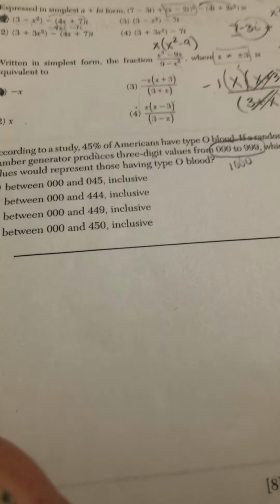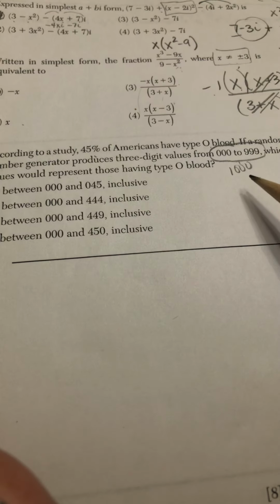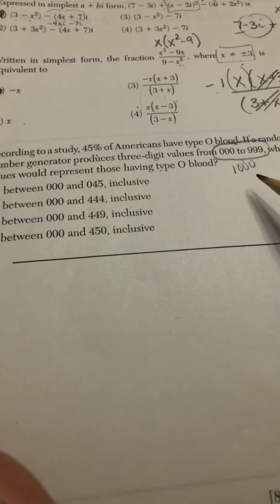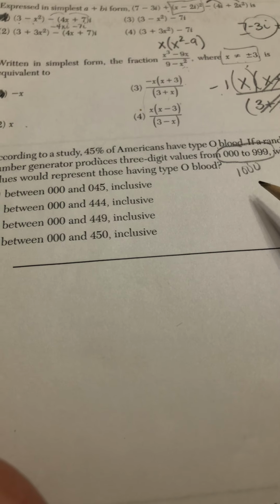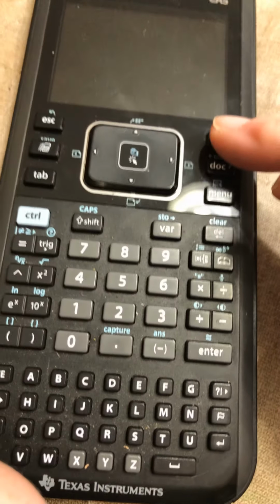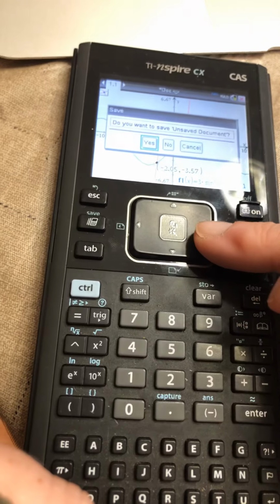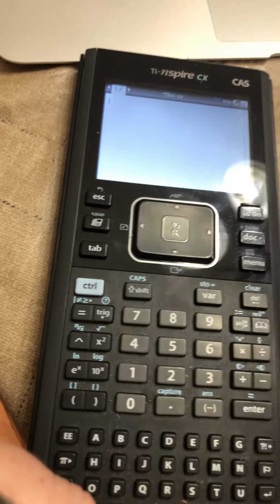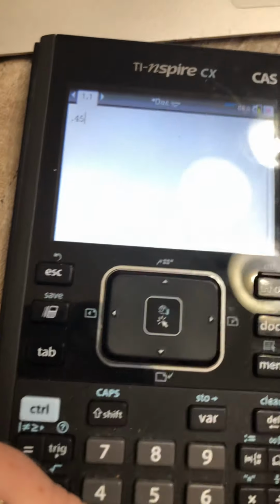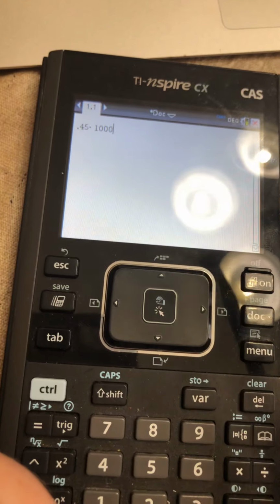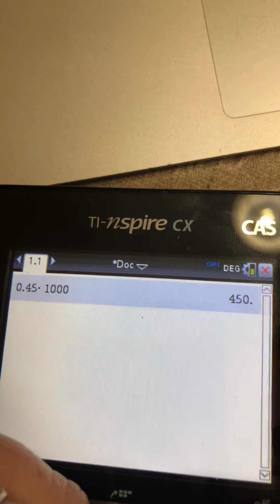So we've got 1,000 numbers. So we're saying out of those 1,000 people, 45% of them have type O blood. If you want to calculate a percentage very easily, you do 0.45 out of 1,000. That's 450. Hopefully you knew that, but your calculator will do it for you.